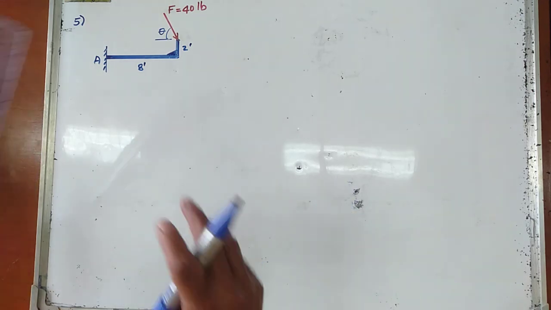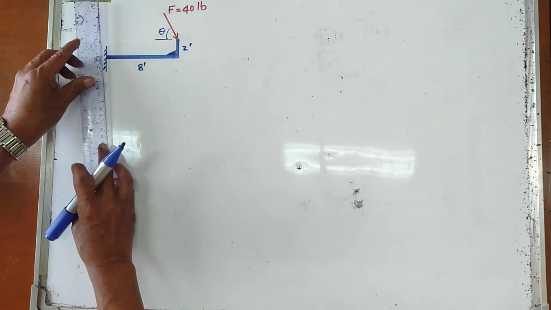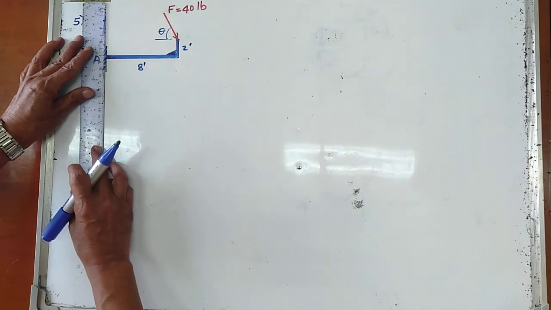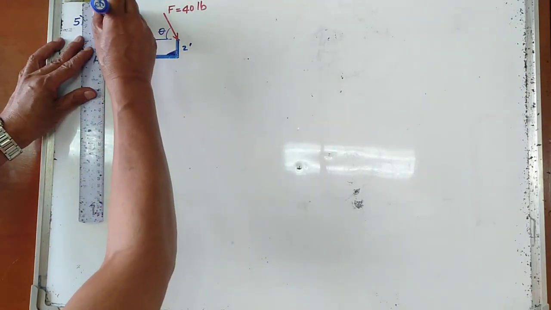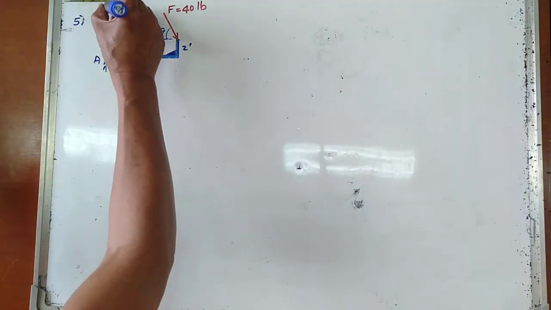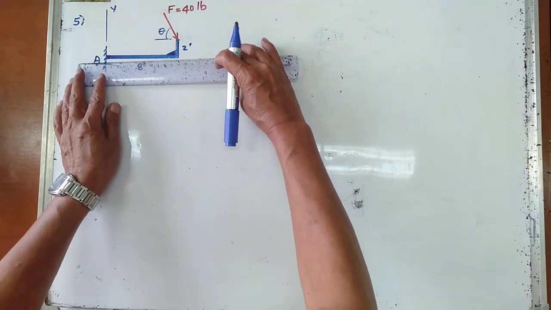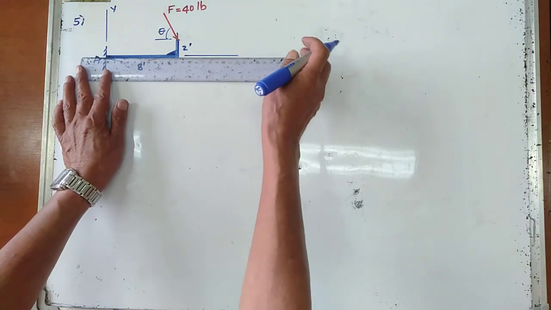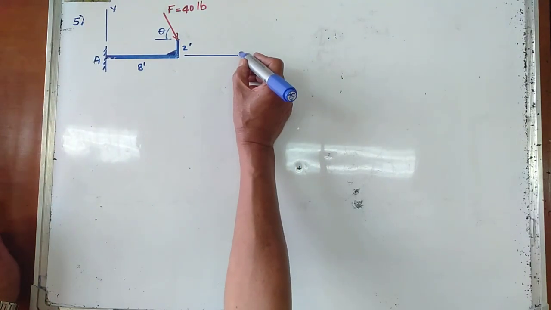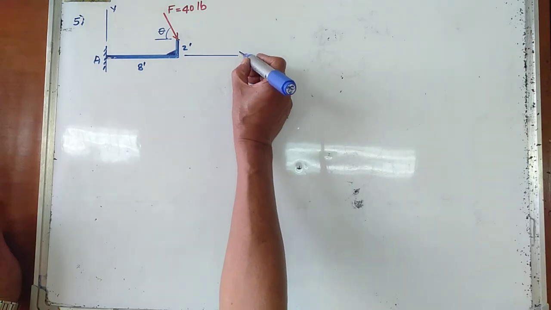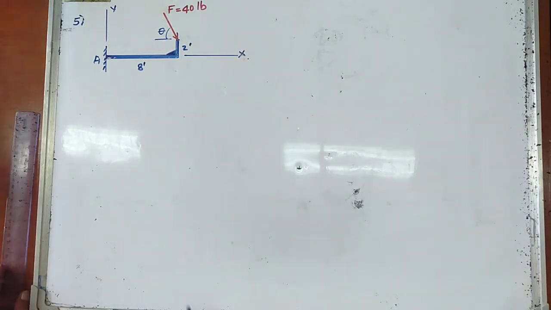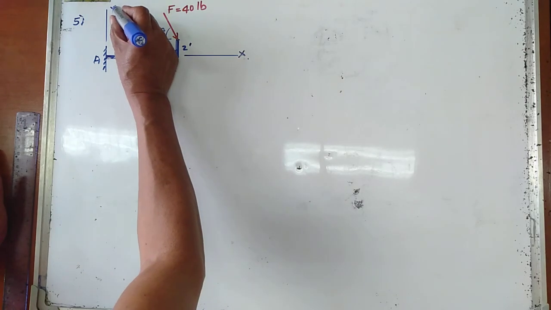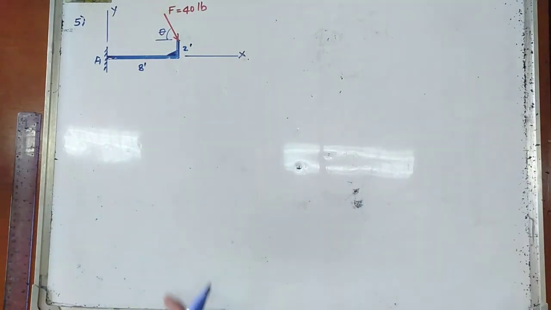So if I am now going to consider that this one in here is the y-axis, and this one in here is the x-axis, let us determine the component of the force F along the y-axis and the component of the force F along the x-axis.